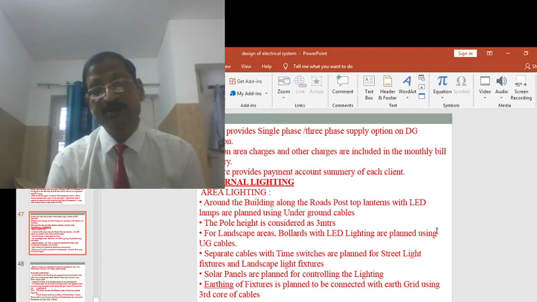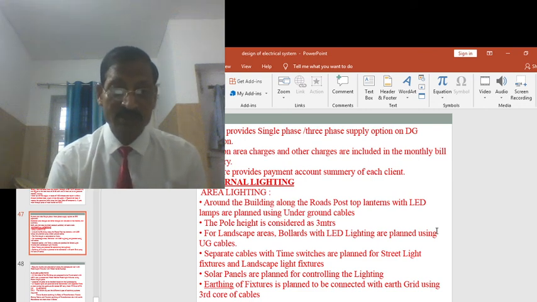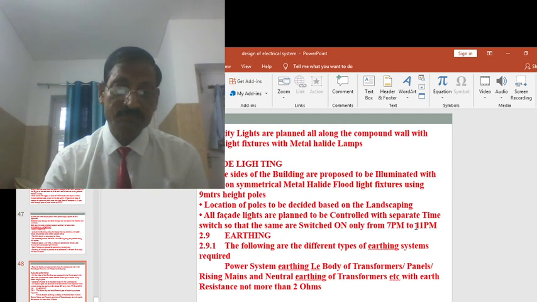As well as the sunlight will come in the morning, the light will be switched off automatically. Due to this, there is saving of electricity by using the LED lights in the common areas or even inside the building. Facade lighting to illuminate the facade.